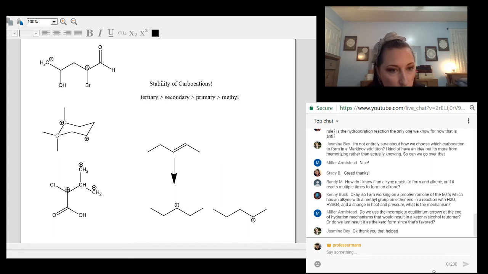Miller asks, do we use the incomplete equilibrium arrows at the end of hydration mechanisms? I like it that you do, if you do. You basically are always going to push the equilibrium towards the keto product. Some of these chemical drawing programs aren't real easy at doing that type of arrow, so if you see it typed out, you might not always see it that way.